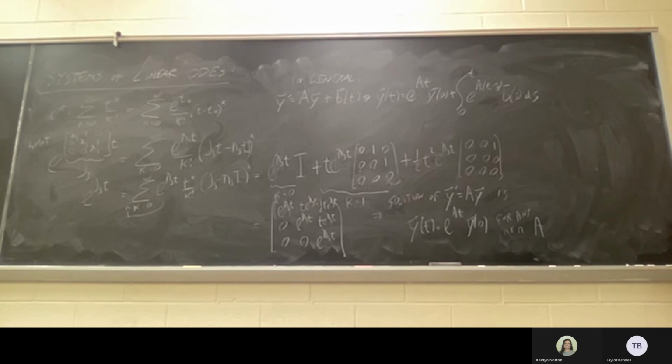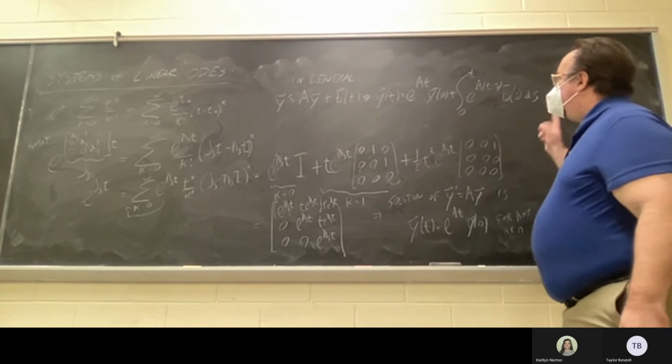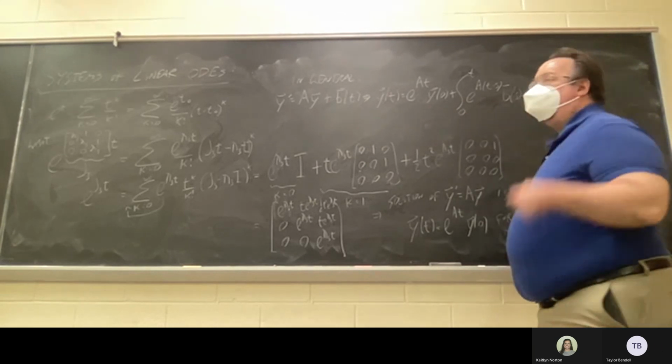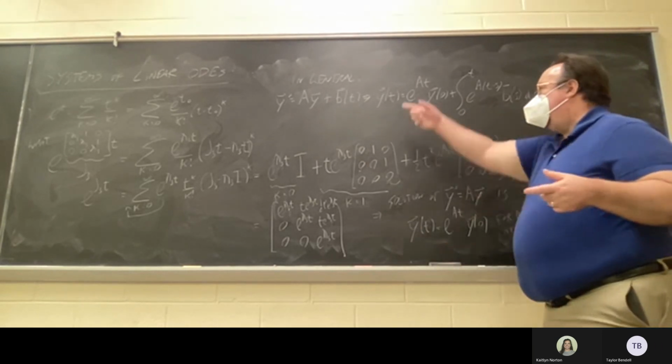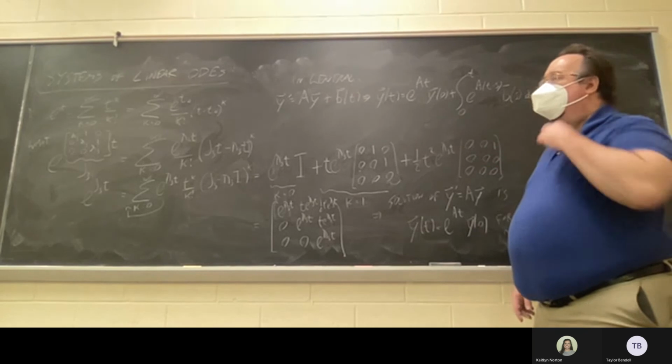But before making use of this solution formula, I wanted to at least, if not prove, I did not prove where it came from. Because I did prove this for the case of a single ODE, where the matrix A is 1 by 1.